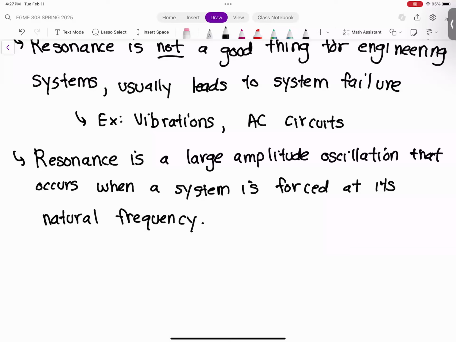And so the operative word here is large amplitude. It basically causes these vibrations that occur at very large amplitude, much higher than you would probably expect from the nature of the forcing or the nature of the forces involved. And so it basically aims to amplify these oscillations, usually up to a point where the system either structurally fails or mechanically fails, until something breaks, basically.